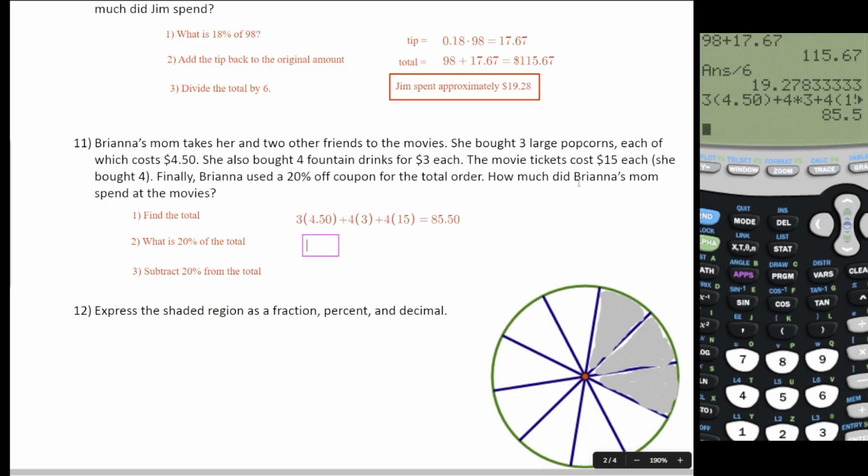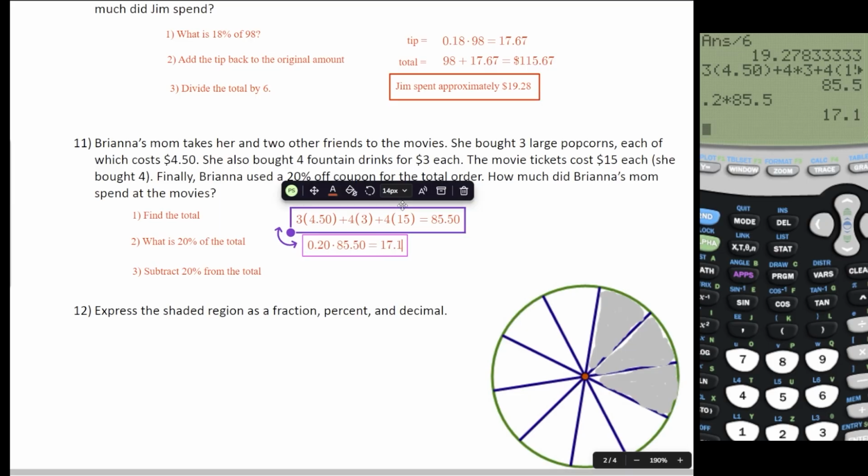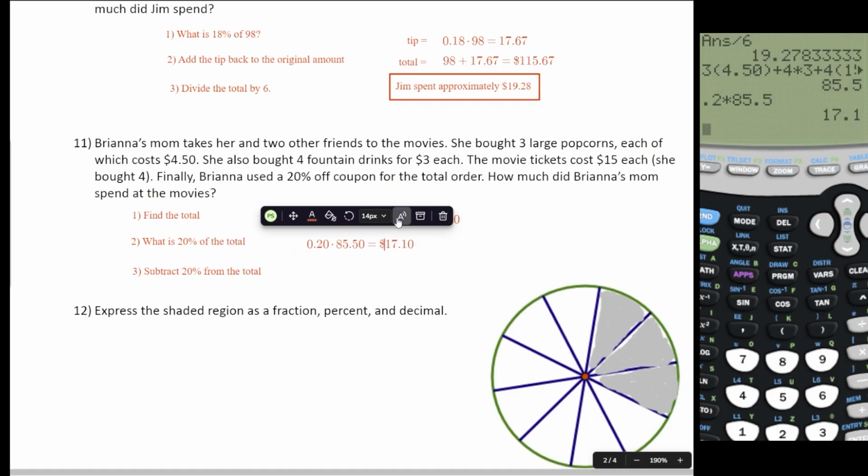20% of that total is going to be, what is 20%? So that's 0.2 times the $85.50. That's going to be $17.10. So that's how much we're going to get discounted.